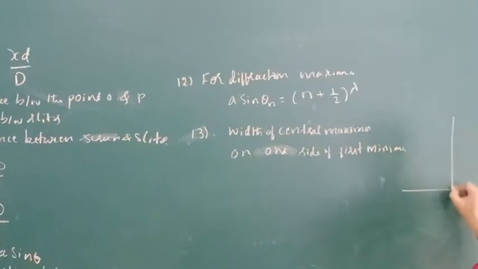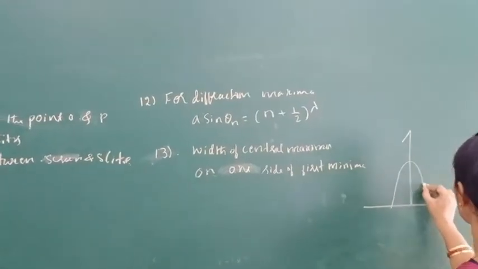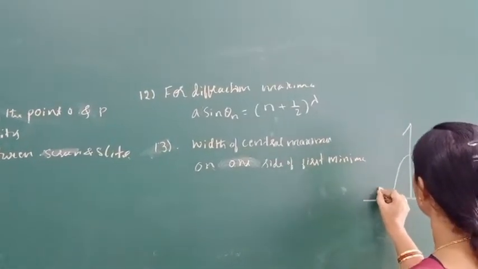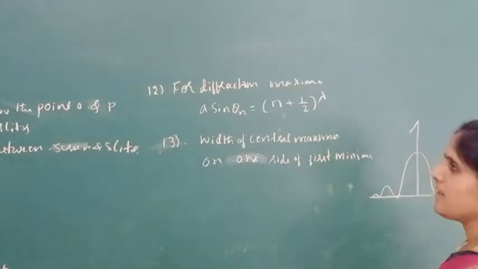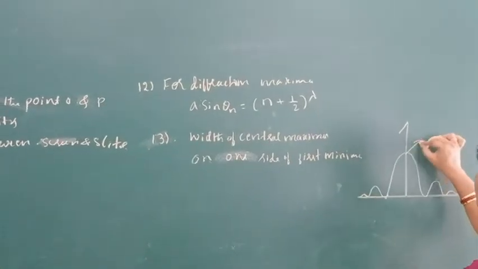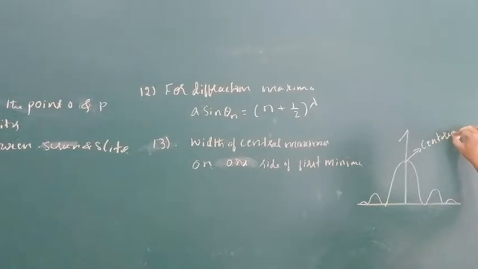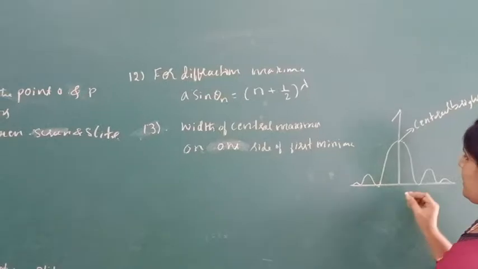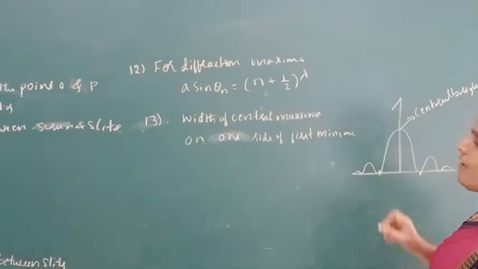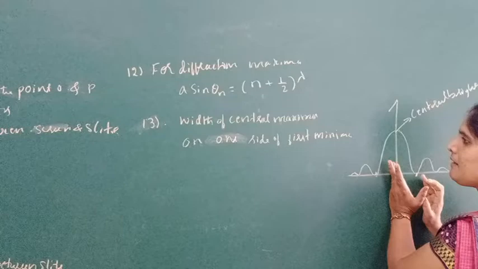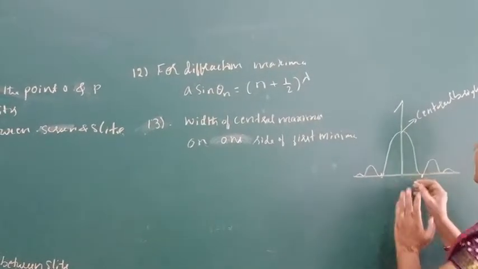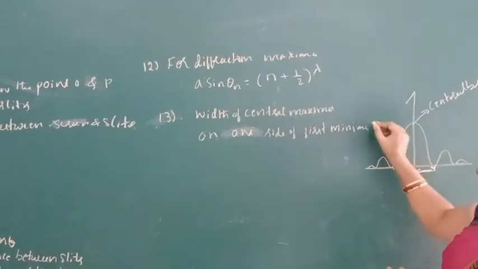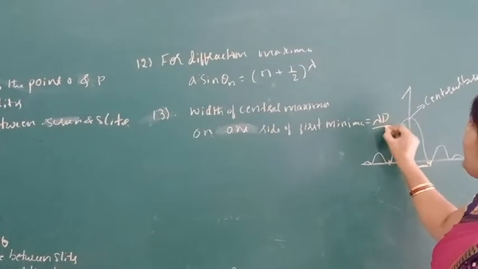We know that this is the diffraction intensity distribution curve. In diffraction, intensity goes on decreasing like this. So this is the central bright maximum. Okay. So this is the first minima, and this is also first minima. The distance between the central maxima and one first minima is given by lambda D by d.